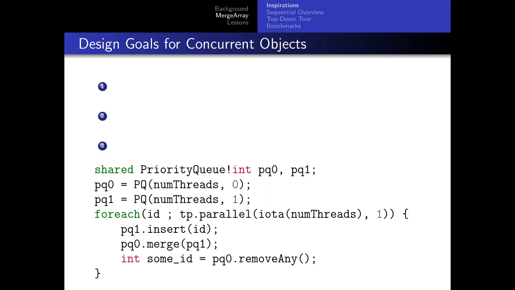So it may look very nice, but we want to know what this is actually supposed to mean. The first thing we want for a concurrent object is for it to be linearizable. The basic idea of that is that when we have these three methods here, we want each method to execute as if it happens in a single atomic instruction.